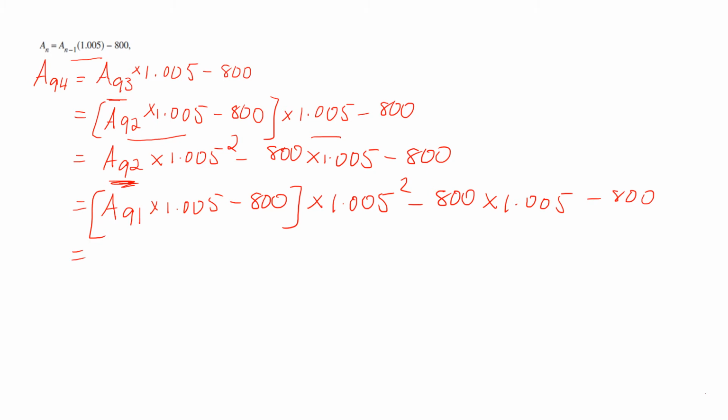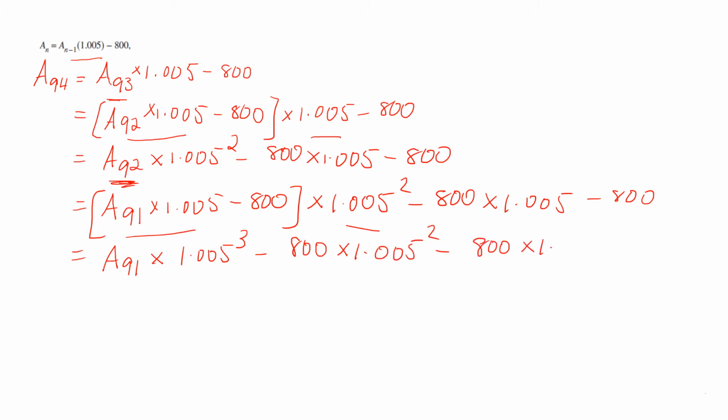And expanding the brackets, this times this gives us A91 times 1.005 cubed, take 800, times 1.005 squared, take 800, times 1.005, take 800, and I'm just going to tidy this up. A91 times 1.005 cubed, take 800.